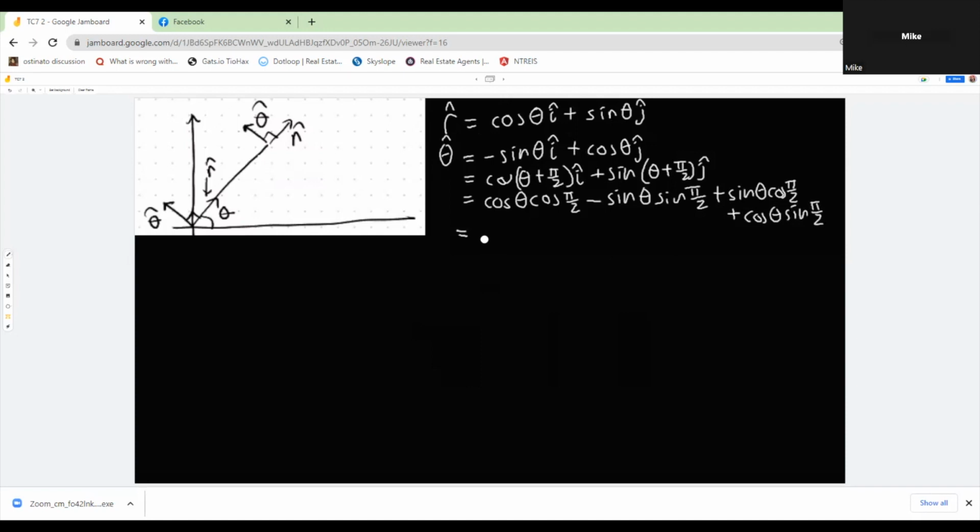Nawala yung unit vectors mo eh. So yung cos sin sin, dapat the whole thing multiplied by i hat. So i-parenthesis mo yan, tapos i hat. Tapos yung isa, parenthesis din, and then j hat. And you get back yung negative sine theta i hat plus cosine theta j hat.